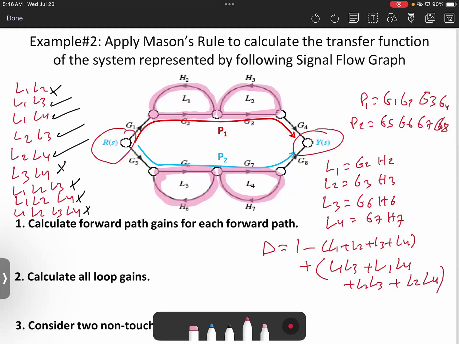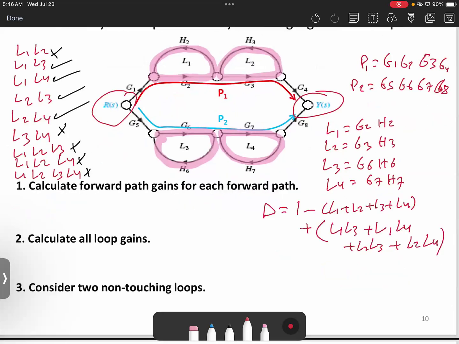Okay? Now, in order to find the transfer function, C over R or Y over R here, which is P1 delta 1 plus P2 delta 2 divided by delta.